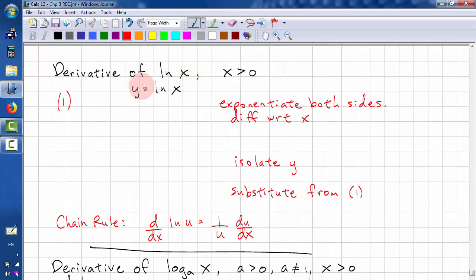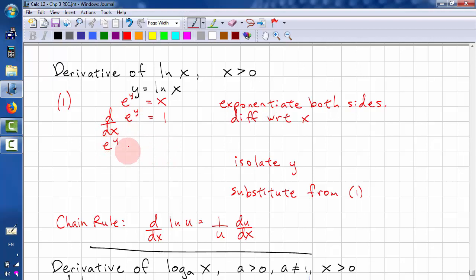Okay, derivative of ln x. We need to exponentiate both sides. This is e to the y, and then this is x. And then we're going to do implicit differentiation. So we have d dx of e to the y, and d dx of x is just 1. To differentiate this, we need the chain rule.